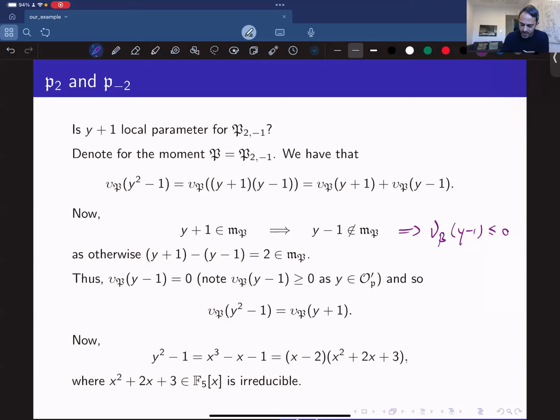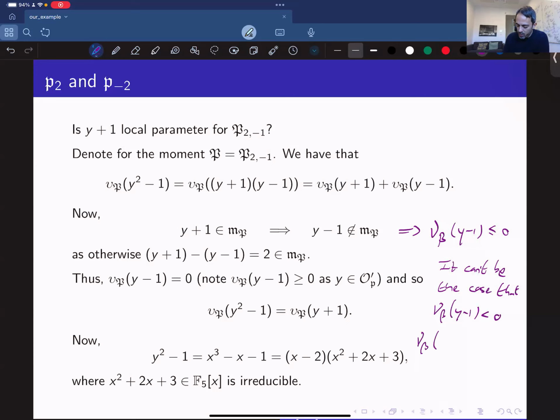But what I claim is that it has to be 0. It can't be the case that VP of y minus 1 is negative. Why?